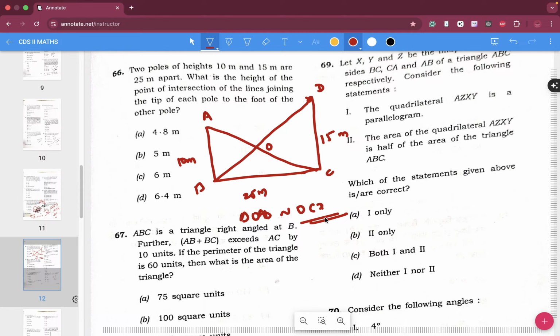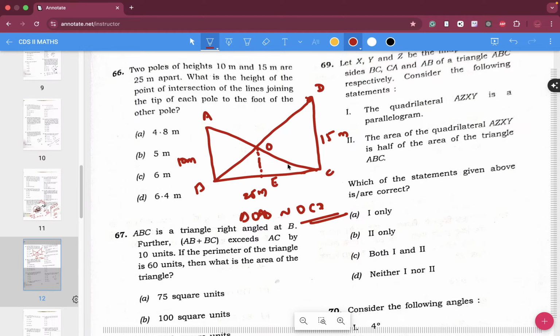Now they are asking what is the value of this particular line, which means OE is what they are asking.